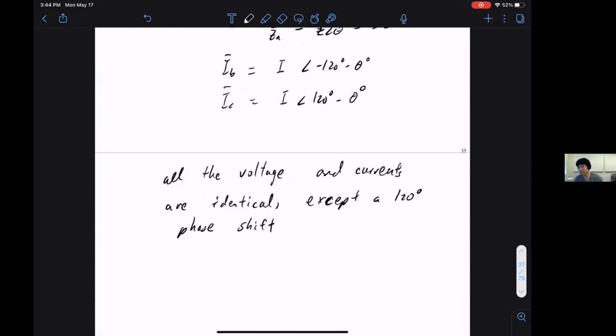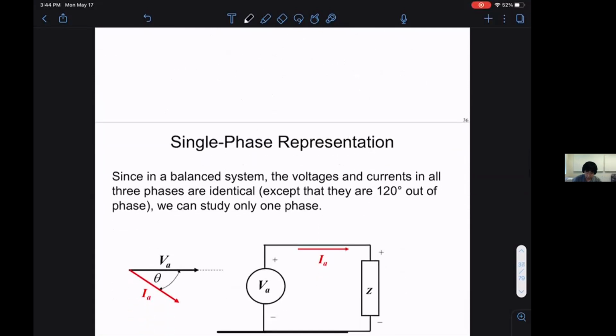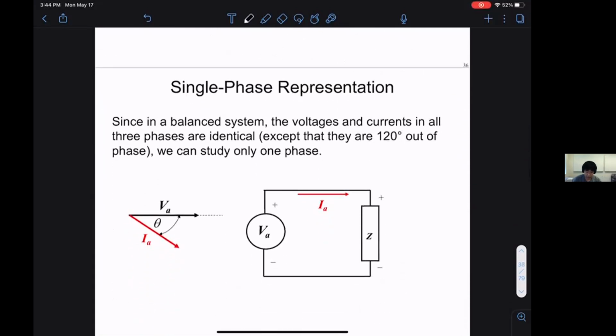They're all identical except 120 degrees out of phase. The consequence is that I can just study one of the phases. By studying the single phase, it suffices to tell me everything that happens in the system. I know everything that happens in the system.